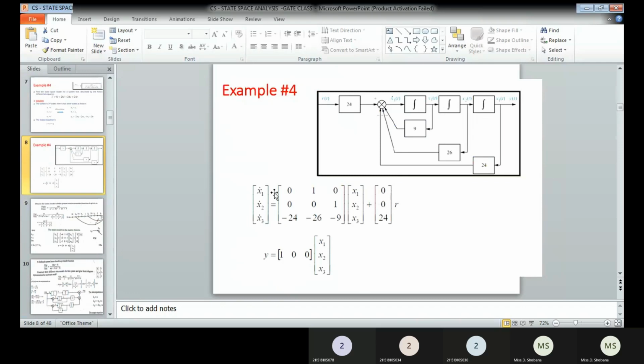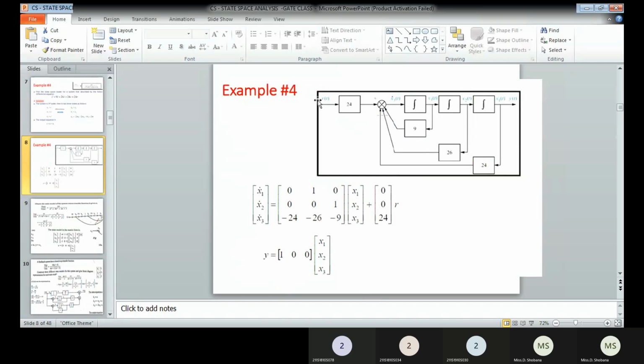So here by having this, you can draw the state diagram also. Since you are having three state variables or three state equations, you will be having three integrators. So here x3 dot has all the x1, x2, x3. So therefore, the first integrator will be considered with x3 dot. Before that, you can have the adder.